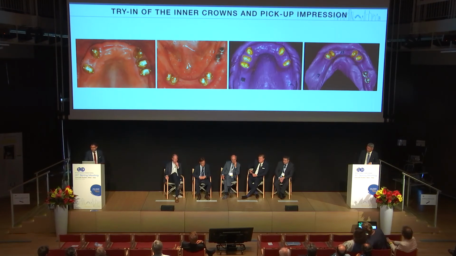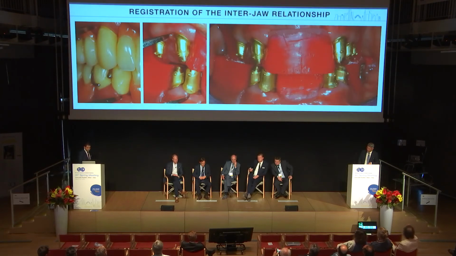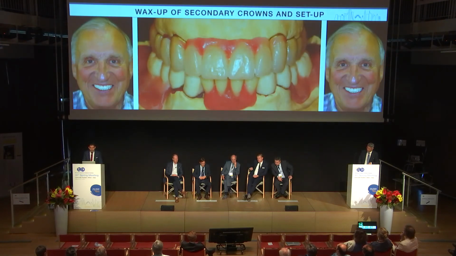This pickup impression, of course, is to transfer the position of these crowns in a more accurate manner to the articulator, and then we go for registration of the interjaw relationship, and also we take the height that we have set already with the provisional restorations, we make the bite, and then transfer it into the articulator.